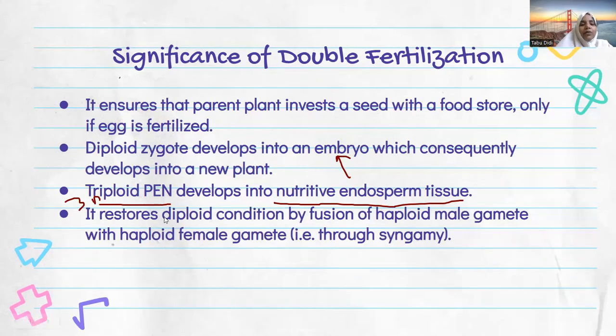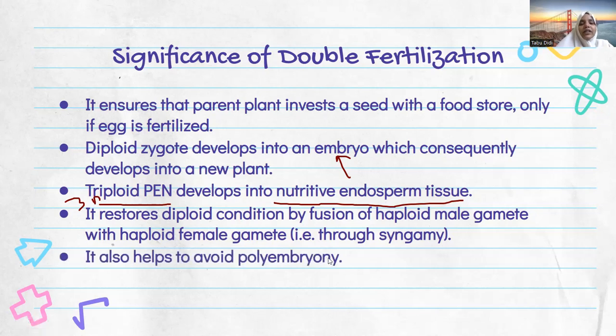And afterwards the diploid zygote retains the diploidy of the plant. It will restore the diploid condition by fusion of the haploid male gamete with the haploid female gamete through syngamy. So this is the sexual reproduction which takes place in angiosperms.